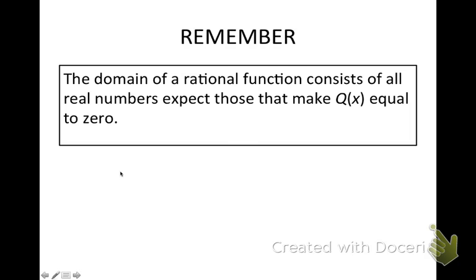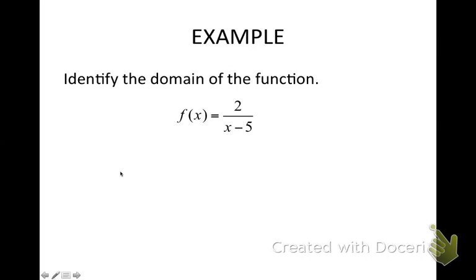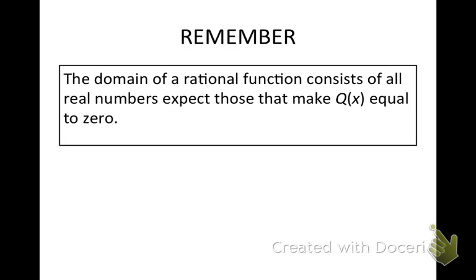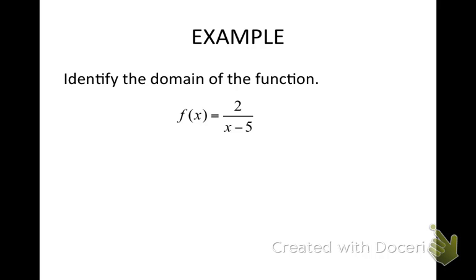Okay? All right, so let's just look at some simple functions first. If I had function f, so f of x is equal to 2 over x minus 5, what would be the domain?